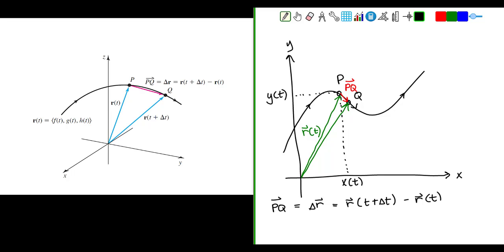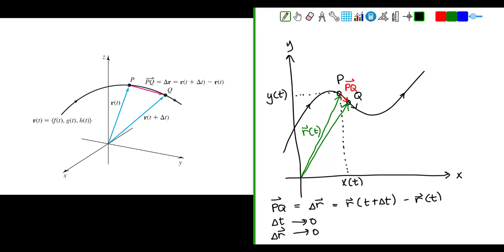But you might have noticed that as our parameter approaches 0, and that's represented by Q getting closer and closer to P, our change of position approaches 0 as well. In other words, Q and P are getting closer and closer together, eventually becoming indistinguishable.